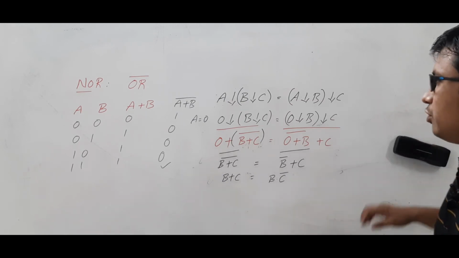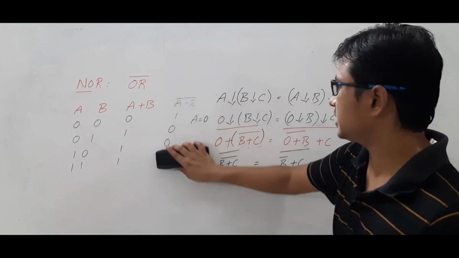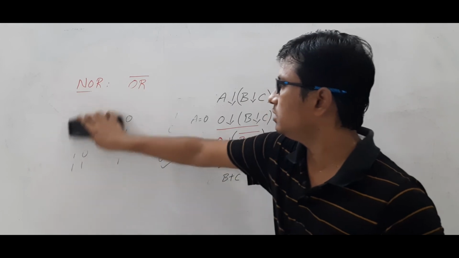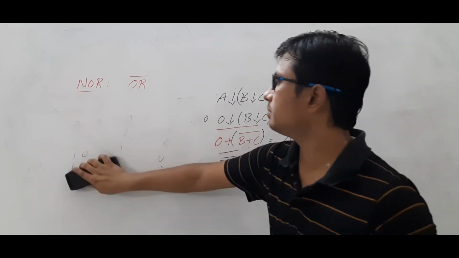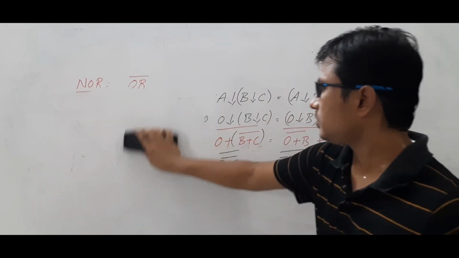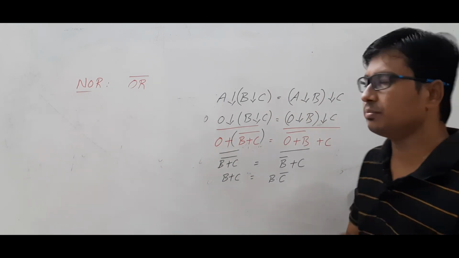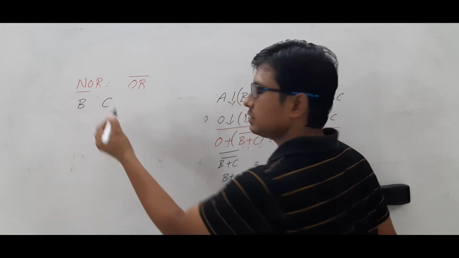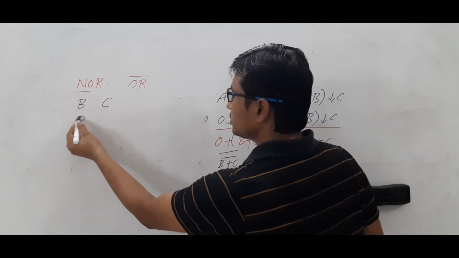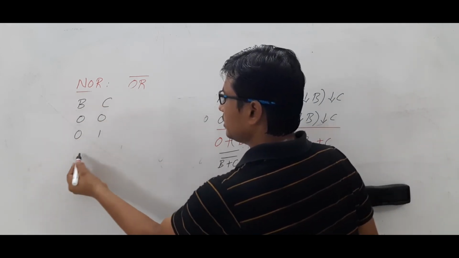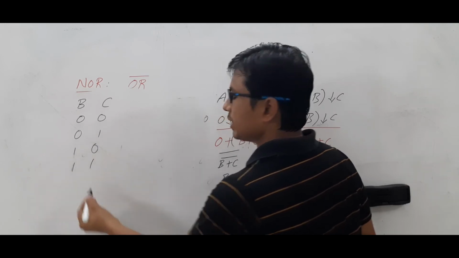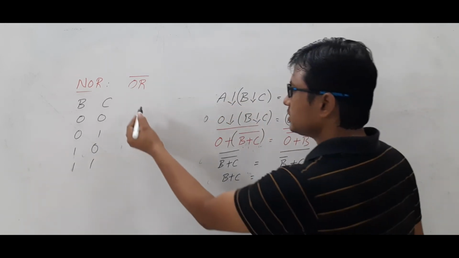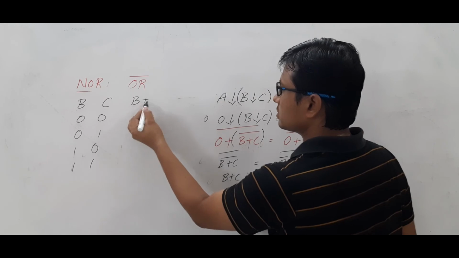If you want the proof, I can give it also. We will check whether they are equal or not to make you understand in a better way. What I can do, I can take the B and C values. If I take B and C values, it can be 00, 01, 10, 11. Am I right?